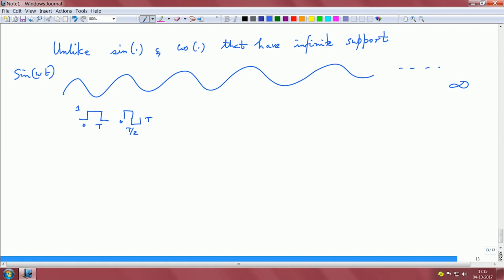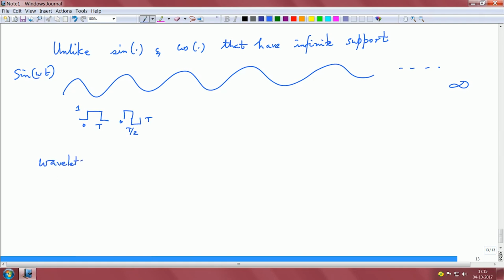Over the interval 0 to t, both of these signals are orthogonal to each other, because the pi here cancels this. You take the inner product of this and this, it is 0. But now these are also bases in some signal space, but they are finitely supported, and they do not go to infinity.